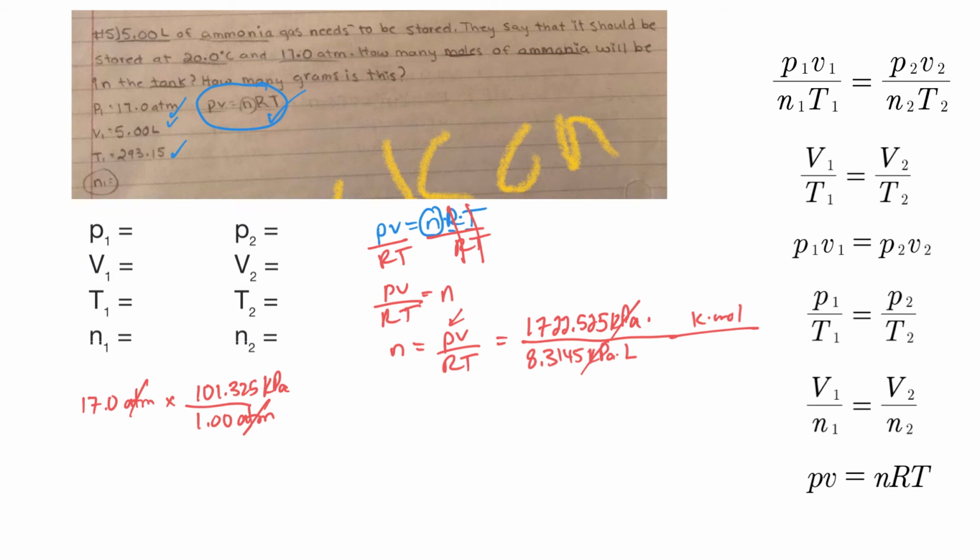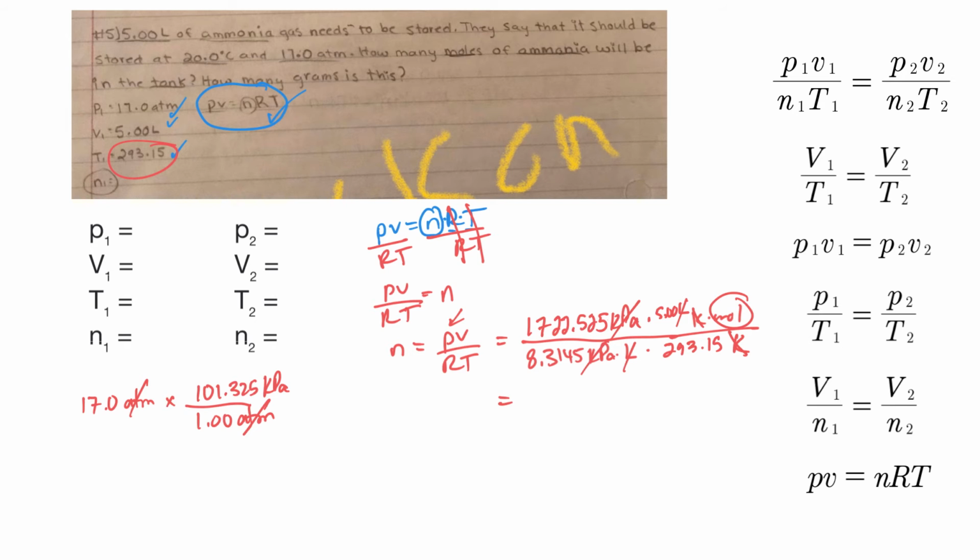Times the volume. Where's the volume? Oh, 5.00 liters, divided by R, R's there, and then temperature, right there, 293.15 Kelvin. So Kelvins cancel, liters cancel, so I'm left with moles, which is what I'm looking for.